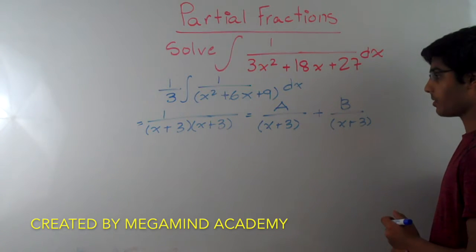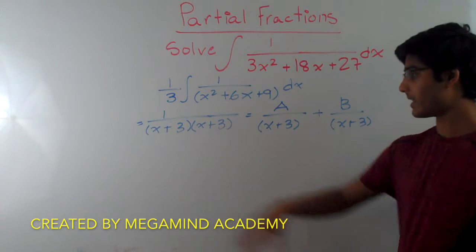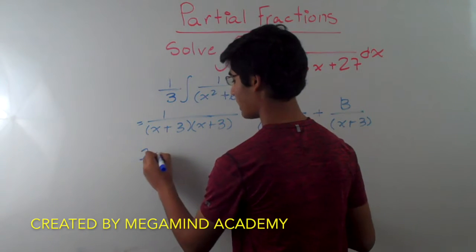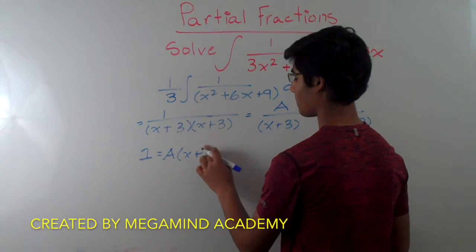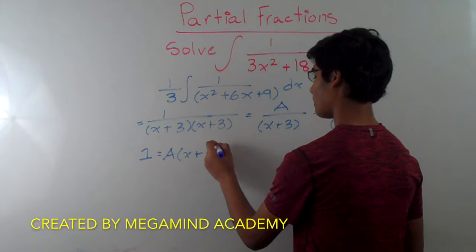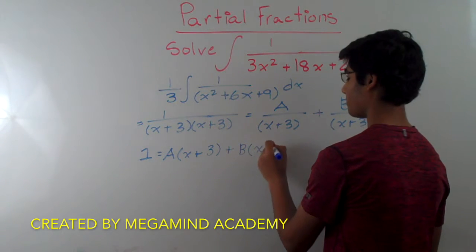So, now what do we do? Well, now let's multiply all of the terms by this denominator here. So that way we get 1 is equal to a times x plus 3 plus b times x plus 3.